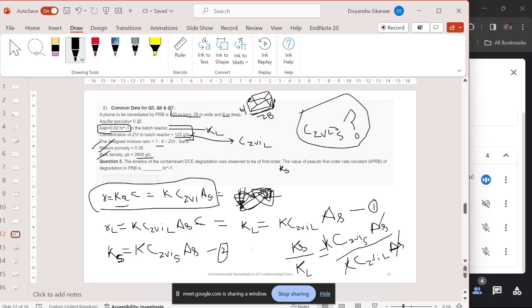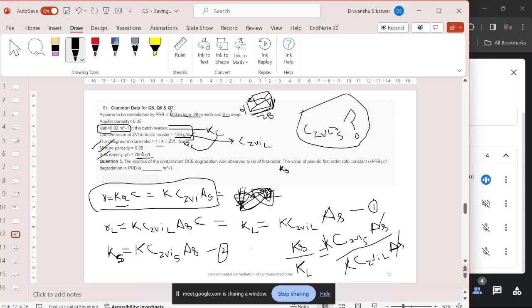So the rate constant for lab condition is 0.02 R inverse in the batch reactor, and the concentration of ZVI we are using in the batch reactor in lab condition is 125 grams per liter, and the design ratio is 1 is to 4, ZVI to sand. This design ratio will be used when we are transferring the lab condition to real time soil condition.